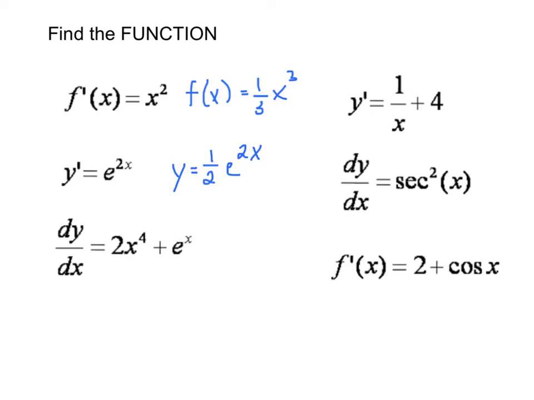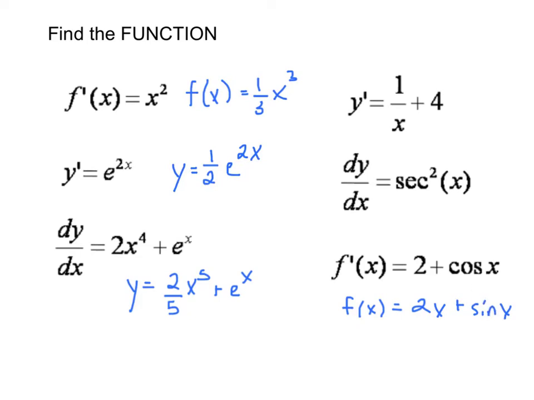Next, again we're going to raise the power and divide. The antiderivative of e to the x is e to the x. Okay, let's work our way back up now. Here, we have 2x, and the antiderivative of cosine is sine, because of course the derivative of sine is cosine.